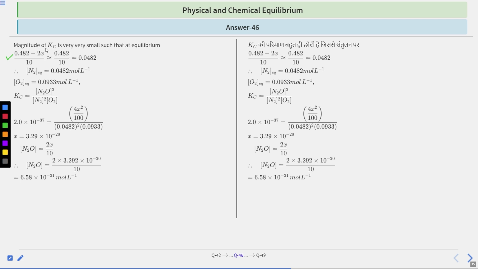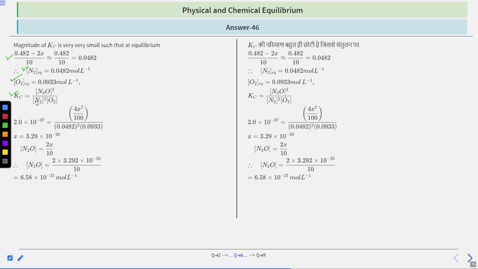So 2x will not be considered because the Kc value is very small. So it will be equal to 0.0482. So N2 concentration at equilibrium will be 0.0482 mole per liter. And in the same way, O2 concentration at equilibrium will be 0.0933 mole per liter.